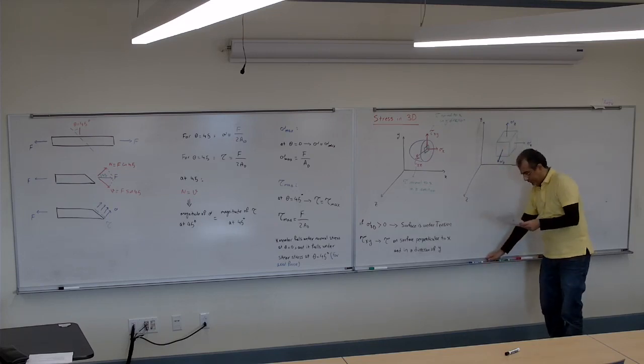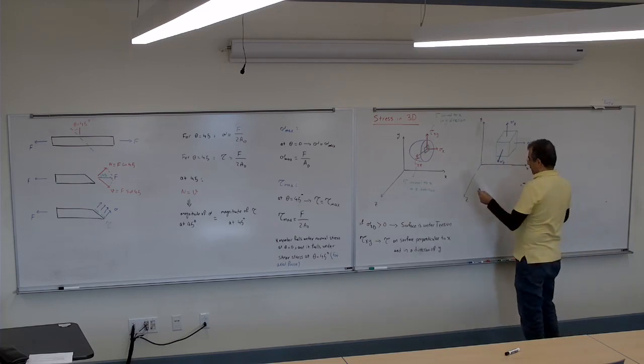So for example here I will have tau yx and tau xz.